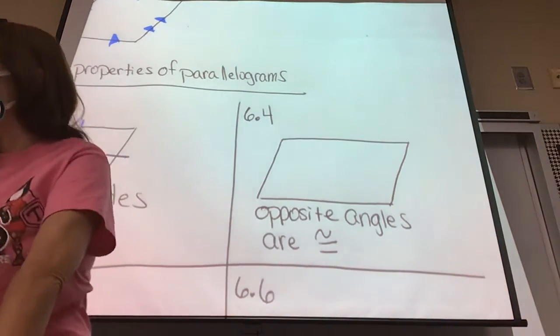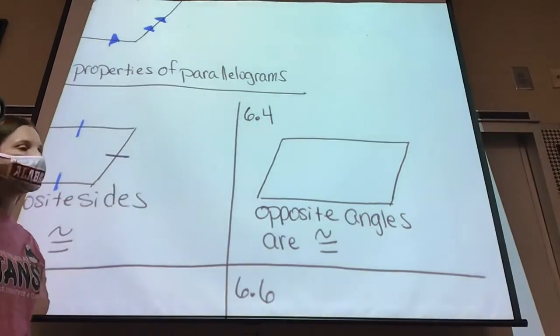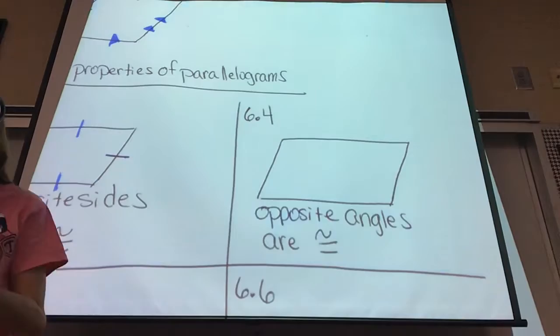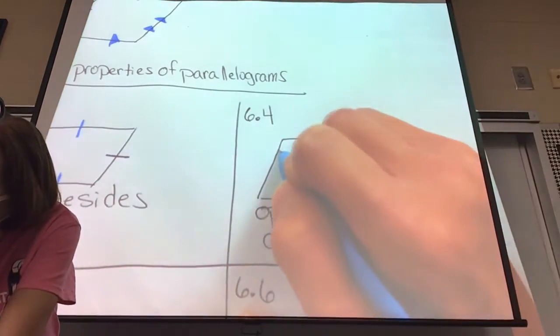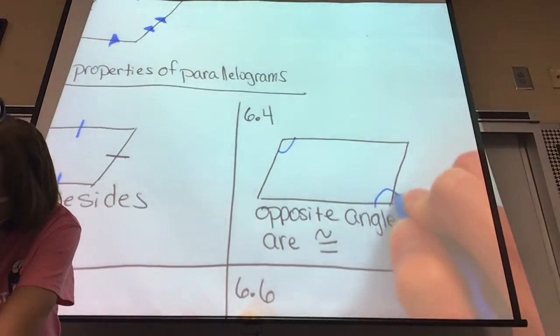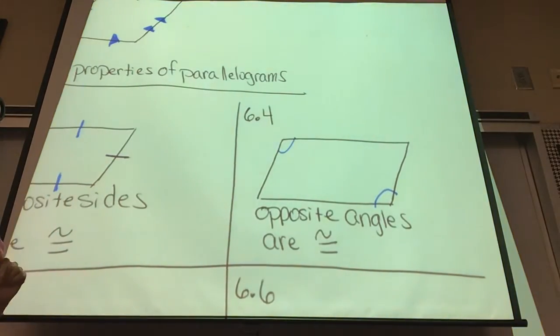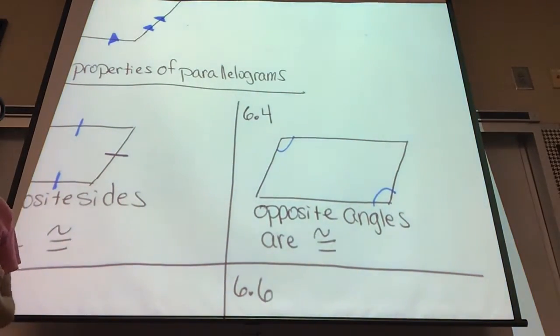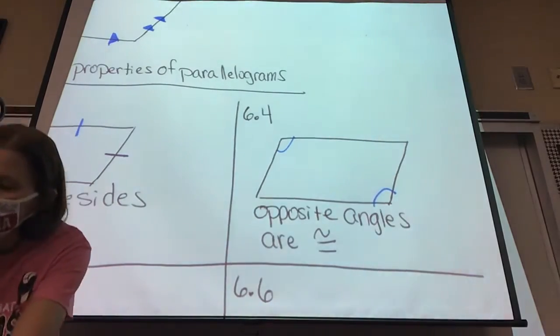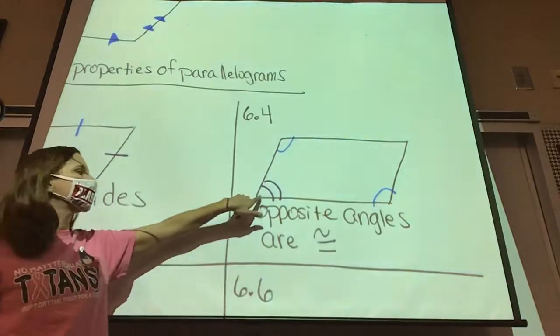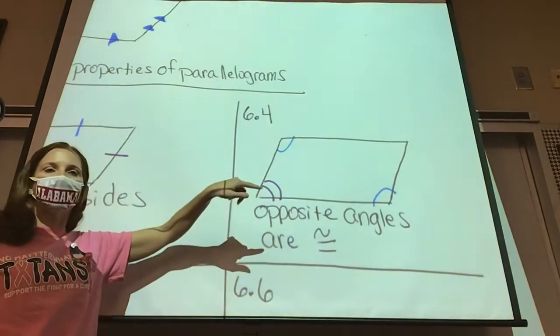Okay, so now, just like before, I know that the opposite angles are congruent, so I'm going to mark those. So this one is going to be congruent to this one, because those are my opposites, as well as this one. Now I'm putting 2 marks here, because I don't want to get it confused with the others.